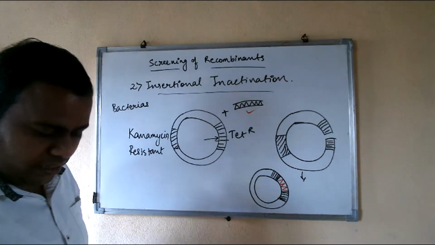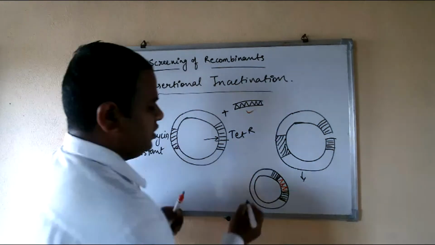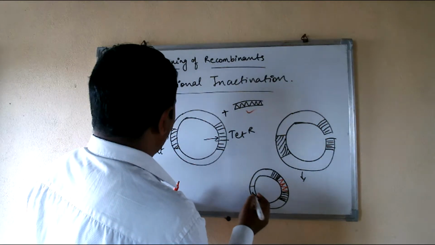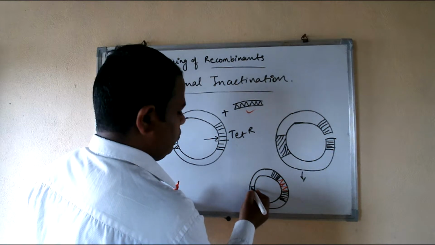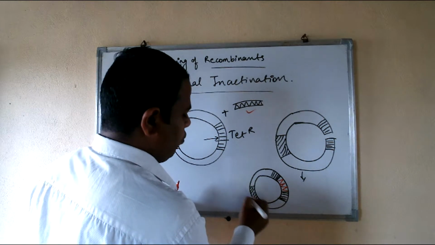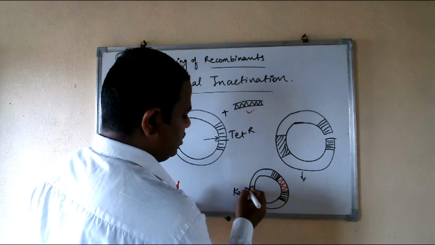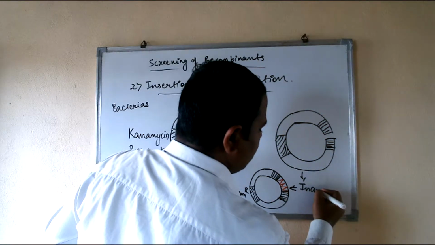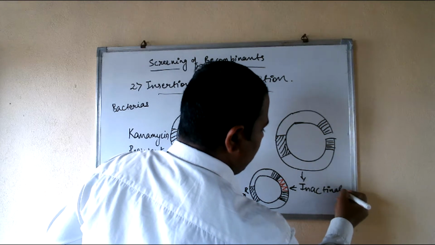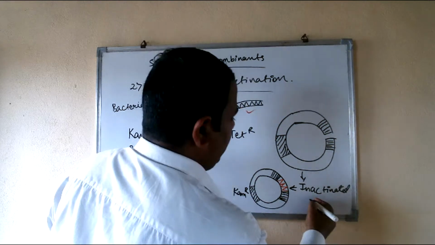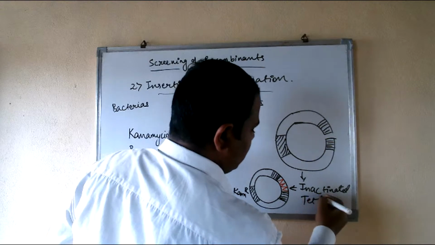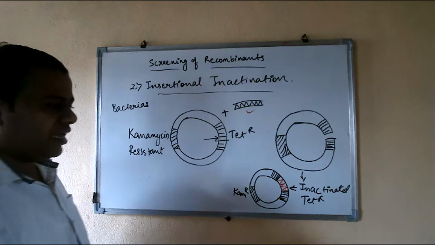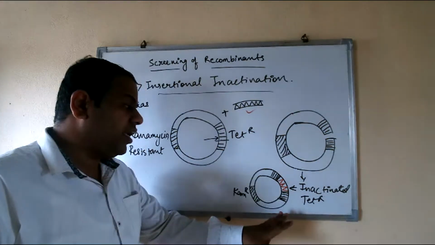And on this side there is a kanamycin gene. This is kanamycin resistance. This is now the inactivated tetracycline resistance gene. So the tetracycline resistance gene is being inactivated now.